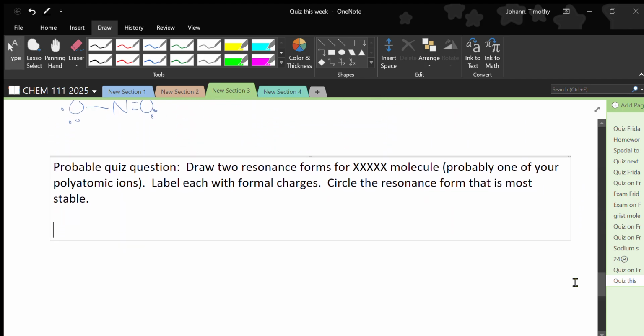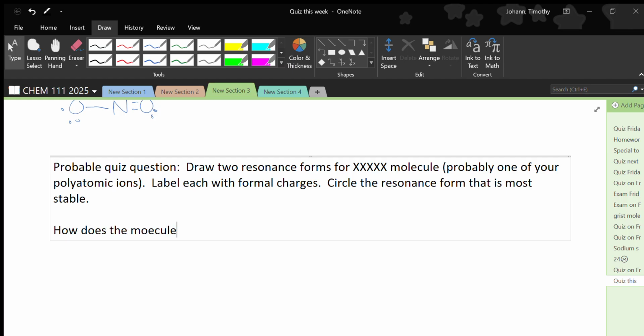Okay, and then finally, I'm trying to think of how I can most clearly word this. How does the molecule above really exist?